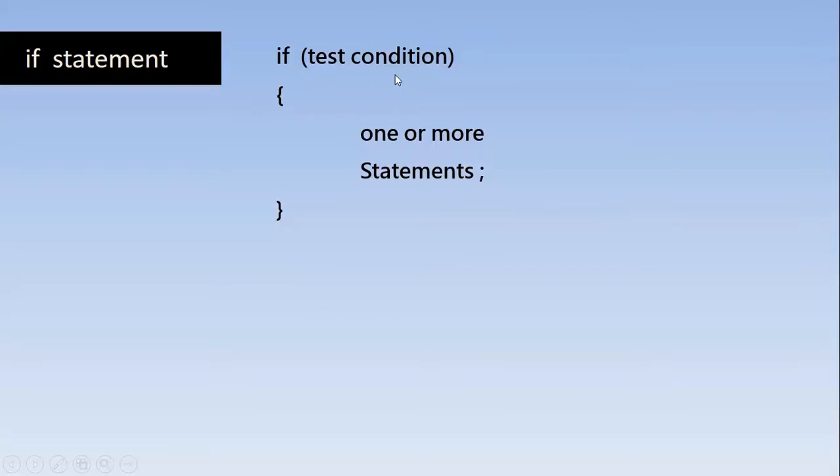Let's suppose I have put 2 more than 3: if 2 is more than 3, execute these statements. Is 2 really more than 3? No, right? So none of the statements will be executed, the entire block will be skipped, and the next statement of the program is going to be executed.